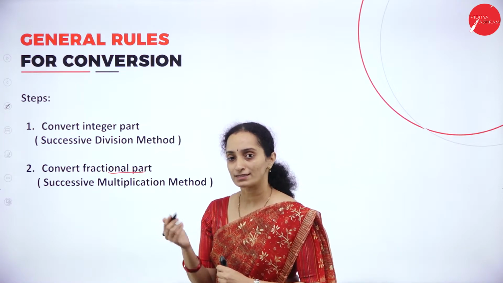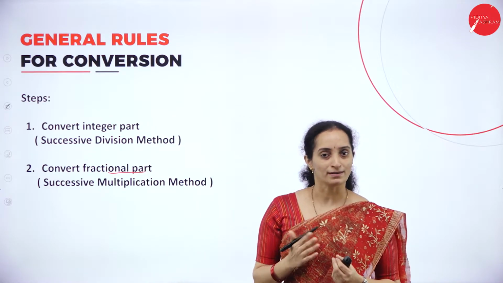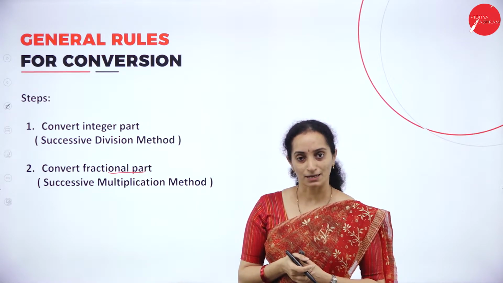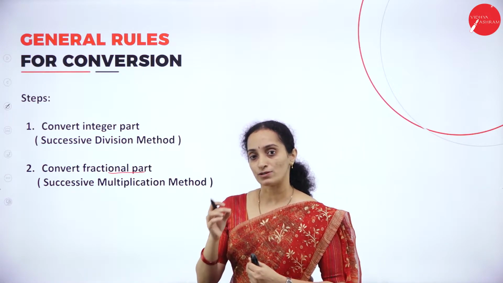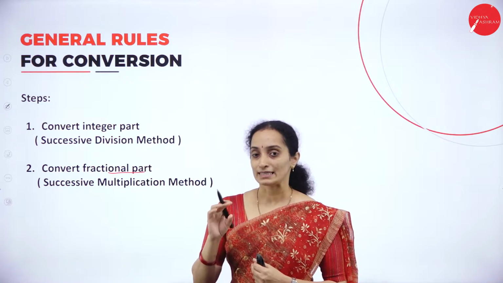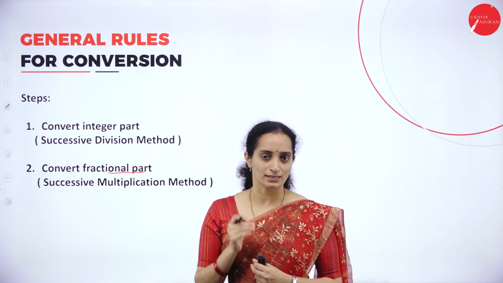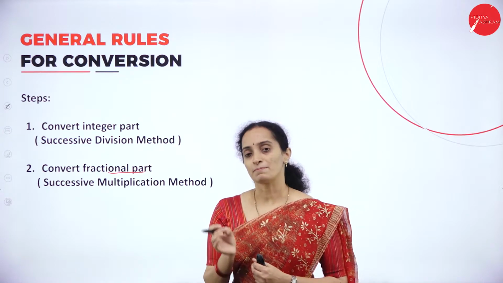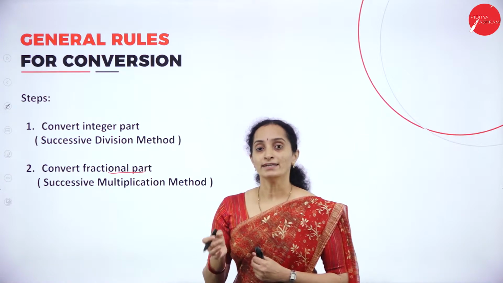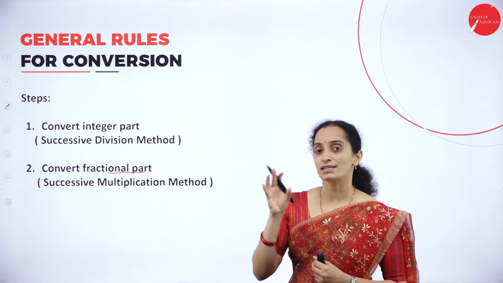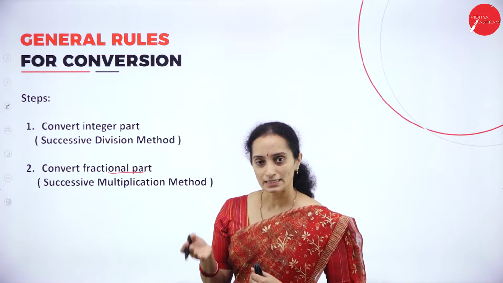How do you convert the fractional part? We cannot say that we will convert only the integer part and omit the fractional part, because in computers even the fractional part plays a vital role. It can change the operation of the device itself or any electronic device. The fractional part is also numeric, so we need to convert it to the corresponding number system.